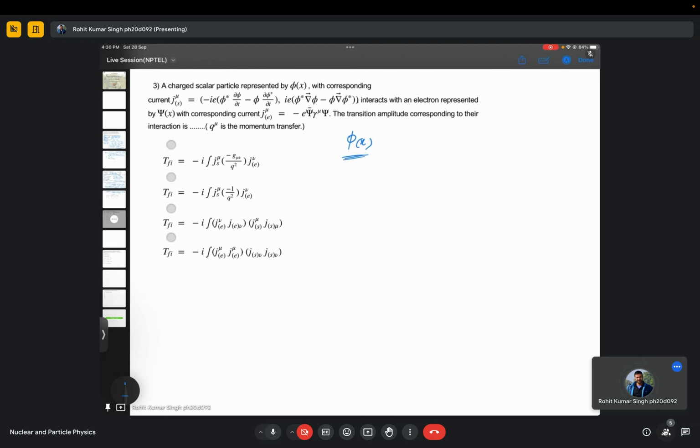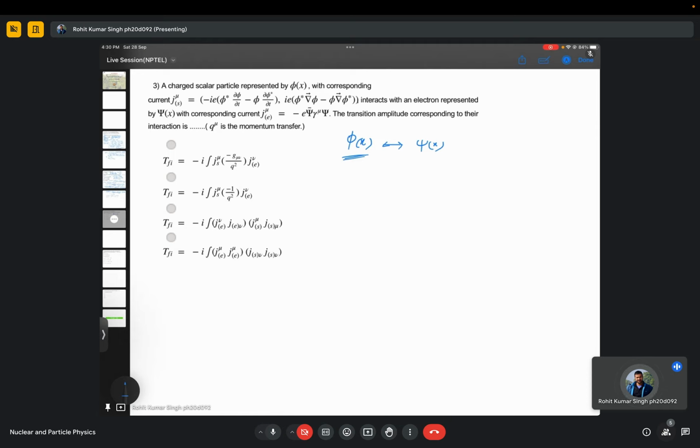This is the solution which you get from the solution of the Klein-Gordon equation. Okay, so it's a charged scalar particle. It is charged, but it's a scalar particle, not a vector fermion, and it interacts with an electron represented by psi.